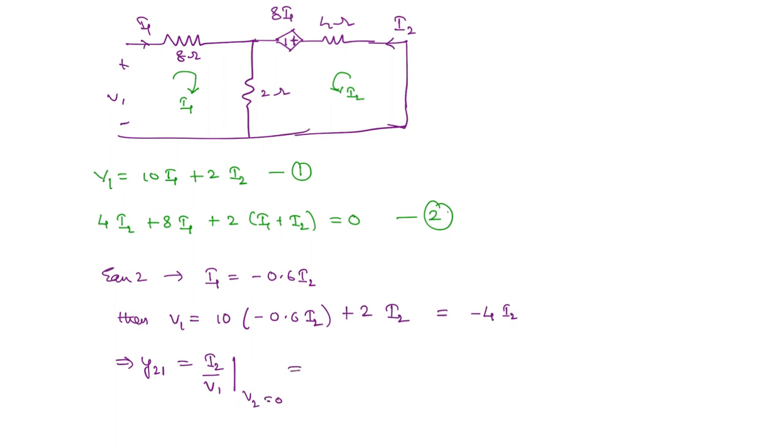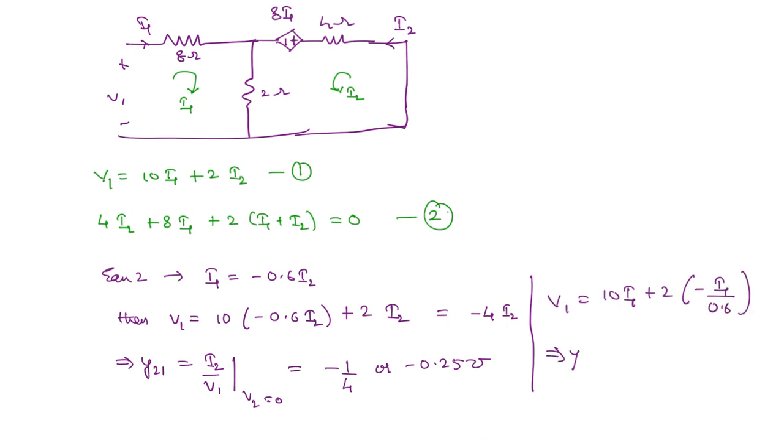So you are going to get minus 1 by 4 or minus 0.25 mho. Similarly, you can write V1 is equal to 10 times I1 plus 2 times I2, you can write as minus I1 by 0.6. Then Y11 will be equal to I1 by V1 when V2 is equal to 0. This you are going to get 0.15 mho.